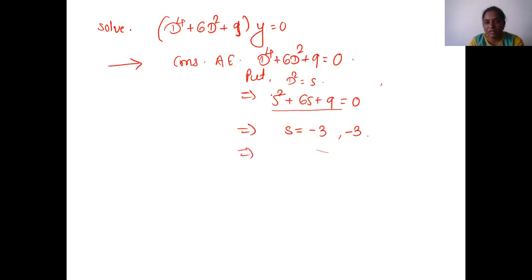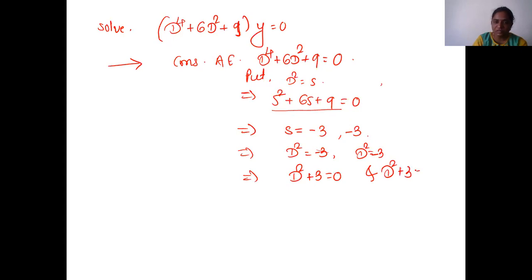Okay, s is -3, but s is d square. So d square is -3 and d square is -3. That means d square plus 3 is 0 and d square plus 3 is 0. We have 2 equations. Solve and tell me the answer.